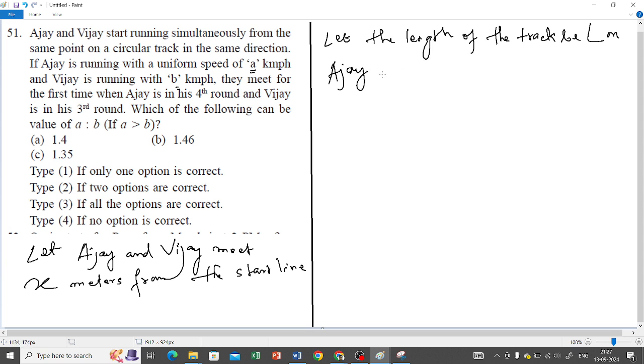So Ajay covered how much distance? 3L plus Y, right?